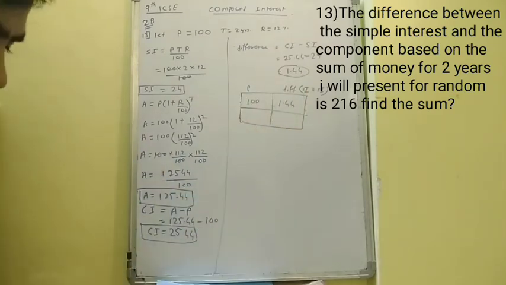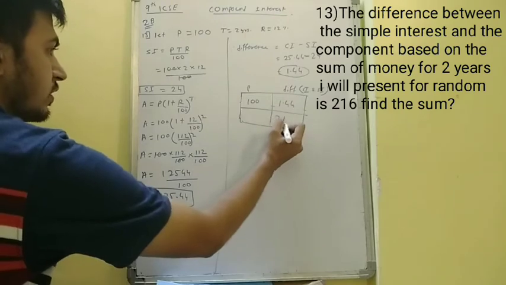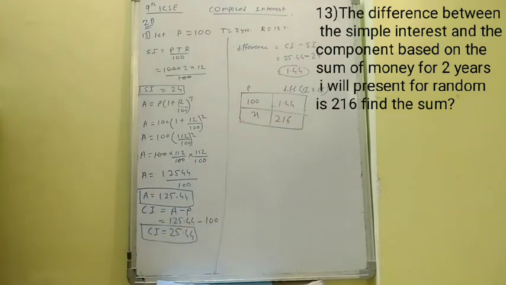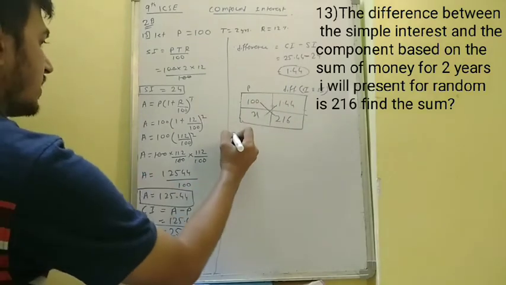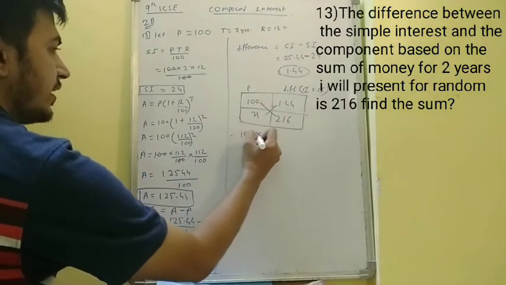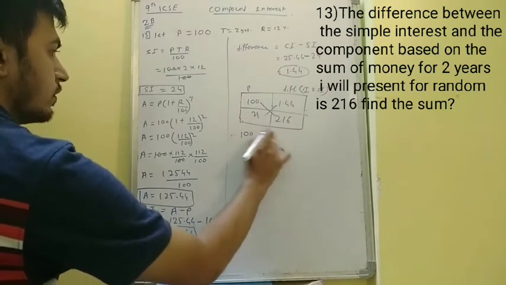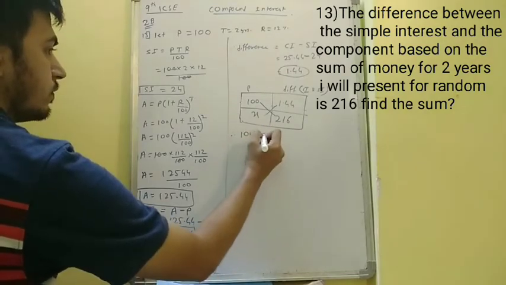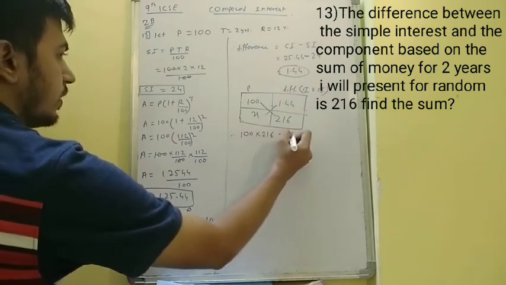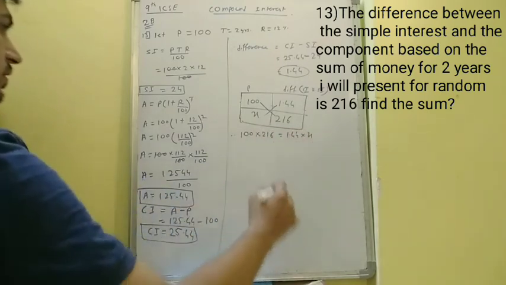And the difference given in the question is 216. So the principal is X. The question is find the sum. Sum is principal. We'll cross multiply it, therefore 100 into 216 is equal to 1.44 into X.